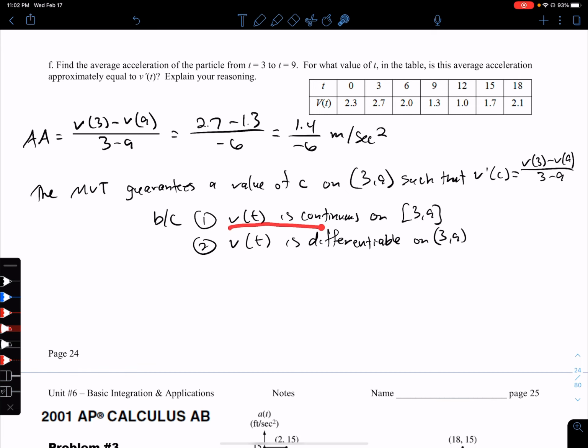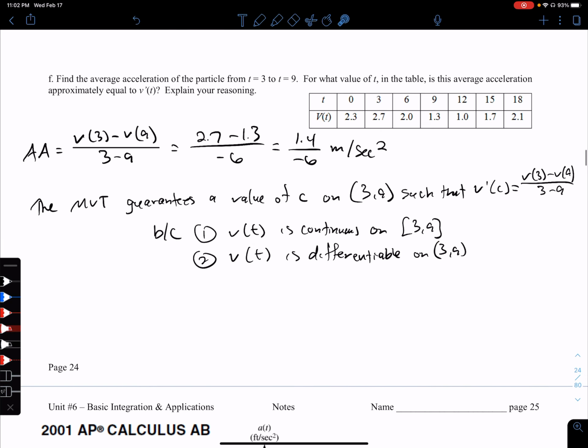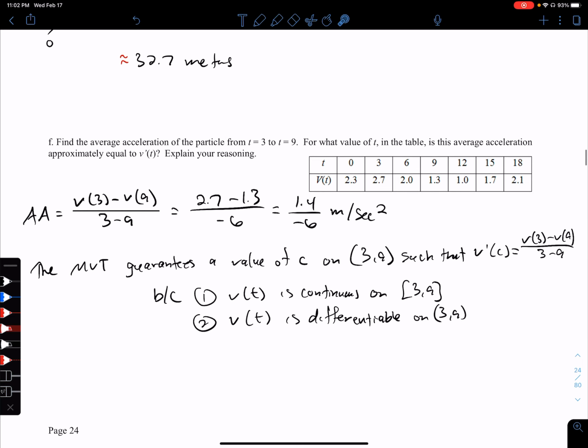Now, v of t being continuous, I would imagine that all velocities would have to be continuous. I think it would have to defy physics to not be the case. How do I know it's differentiable? I guess I don't know that for sure, but I'm assuming it is for some reason that either I have a good reason for and I don't remember, or I don't have a good reason. Let's just assume that it's differentiable.